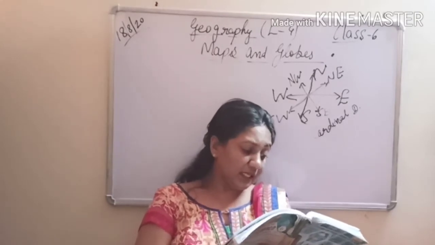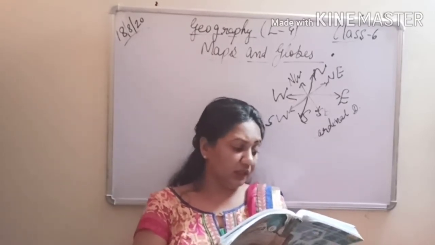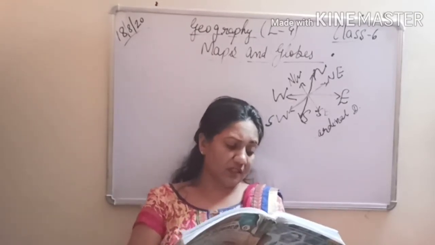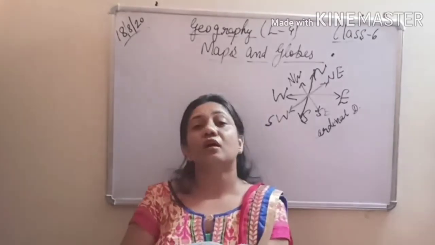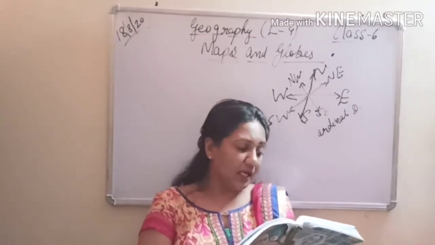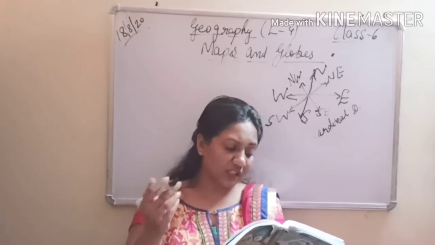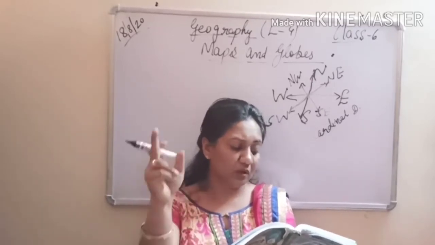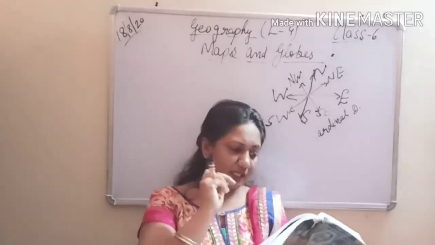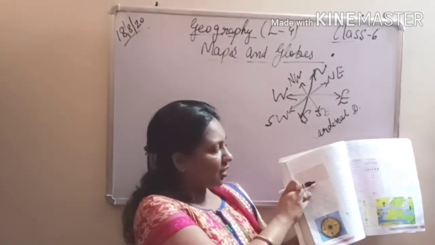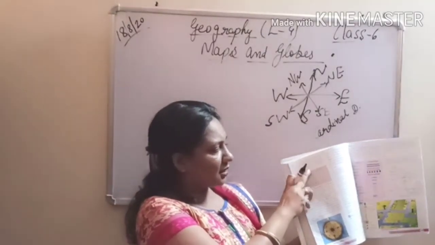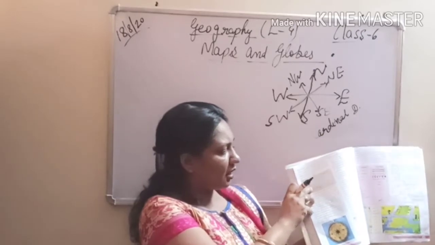Then, when seen in the northern hemisphere, the Great Bear or Saptarishi constellation keeps moving around the pole star, as you can see in this figure. So this is the pole star pointing towards the north direction, and here you have the Great Bear.